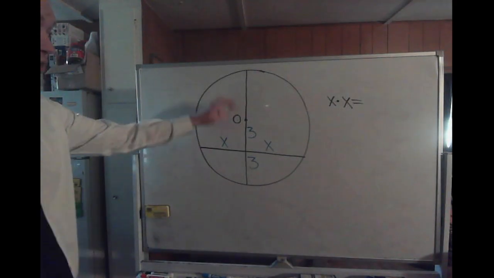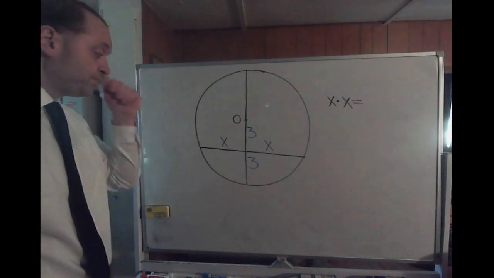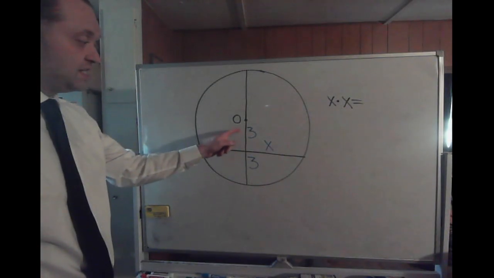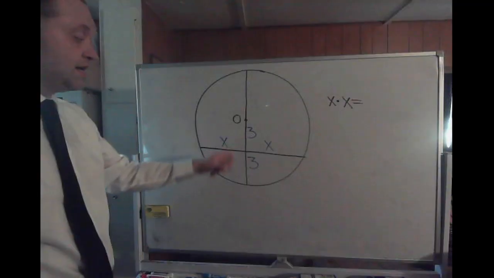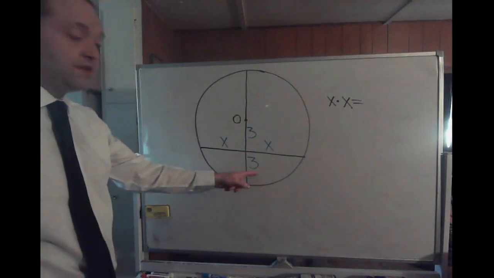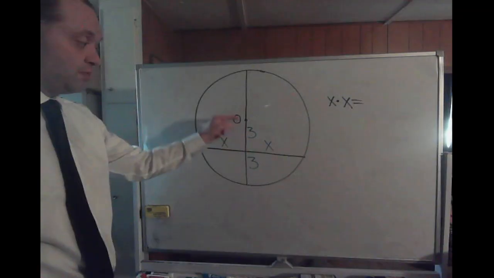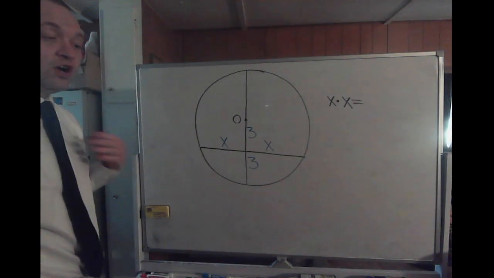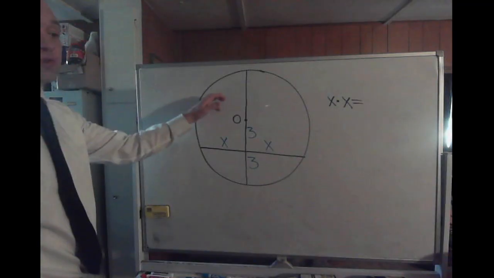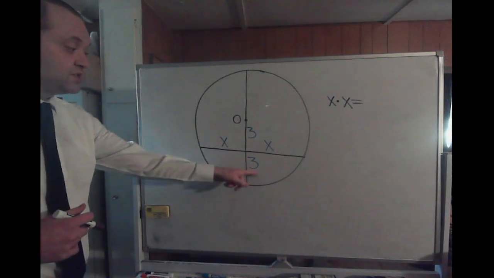But running through the origin of the circle here, this is clearly a diameter. This half of the diameter, which would be really this half of the radius, has a length of 3. This half here has a length of 3, right? So that means this radius from O downward is really a length of 6. Because after all, a diameter is a chord, it just runs through the center. That's what makes it the diameter. So 3 plus 3 is 6.